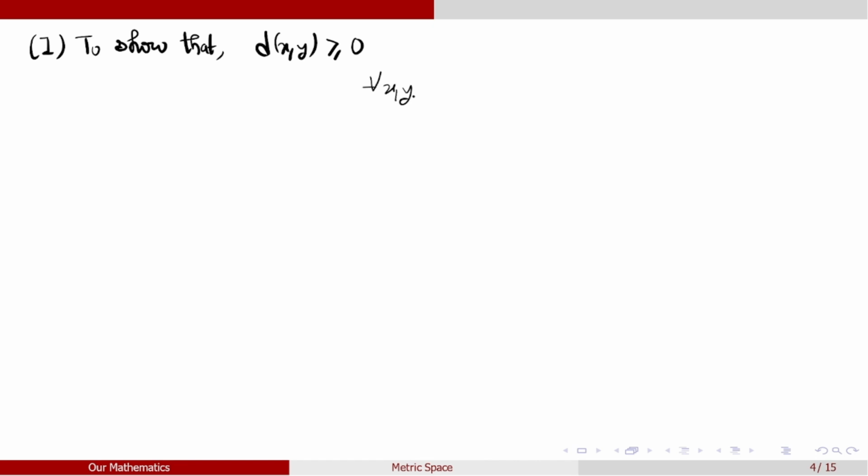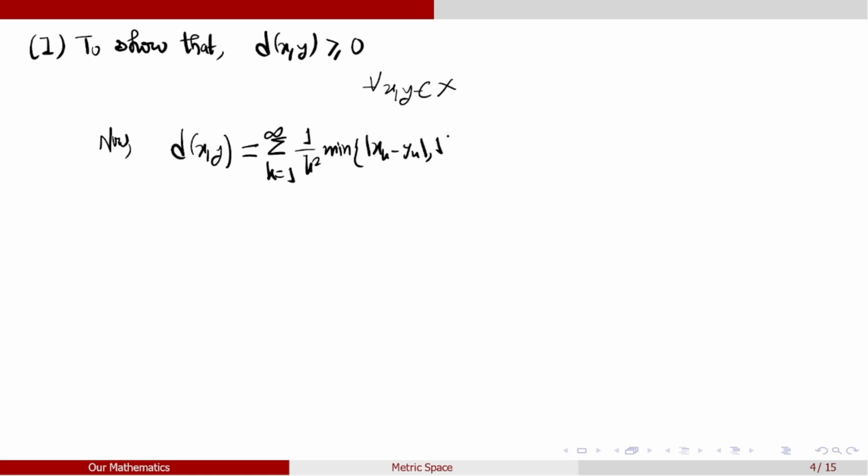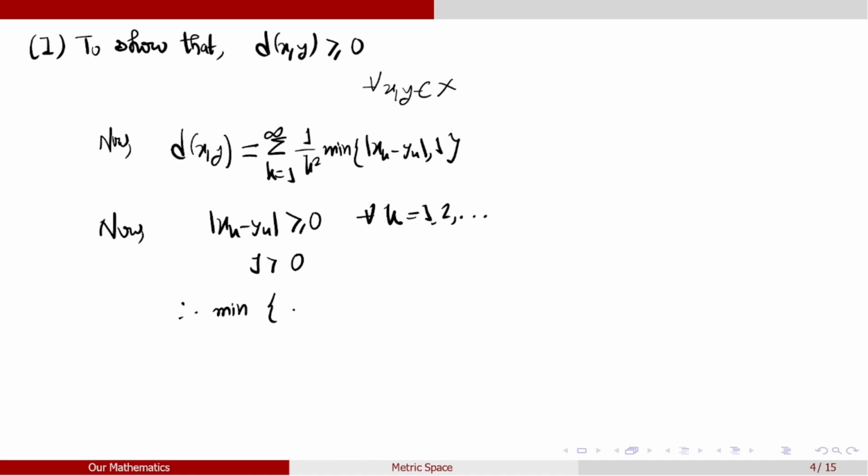d of x comma y is greater than or equal to 0 for all x comma y in capital X. Now d of x comma y is equal to summation k from 1 to infinity of 1 by k square minimum of modulus of x_k minus y_k comma 1, and here the modulus of x_k minus y_k is greater than or equal to 0 for all k, and 1 is strictly greater than 0.